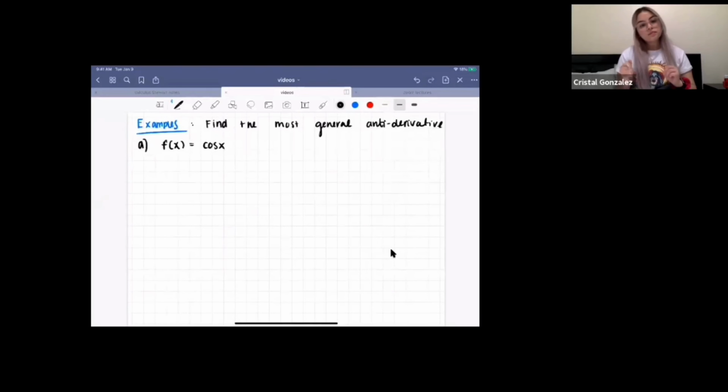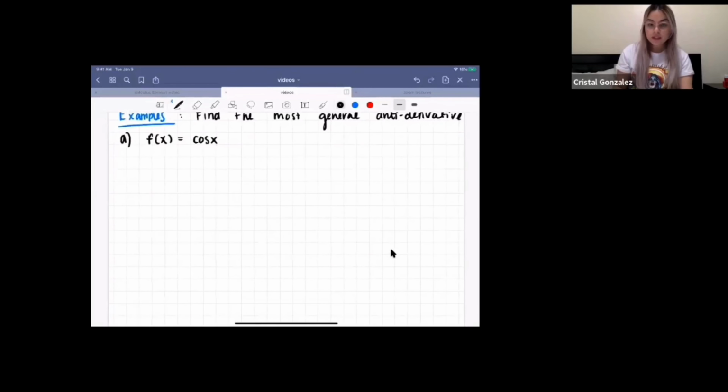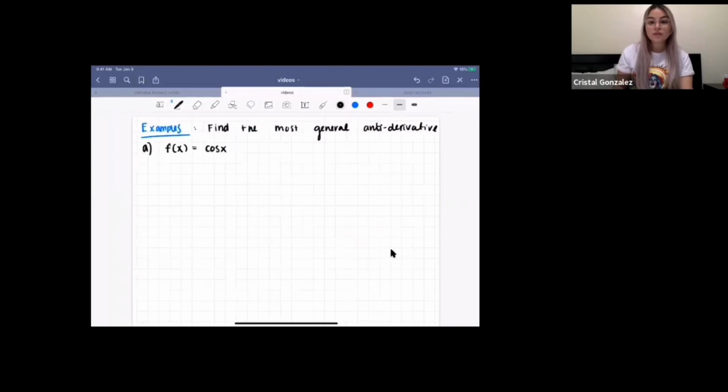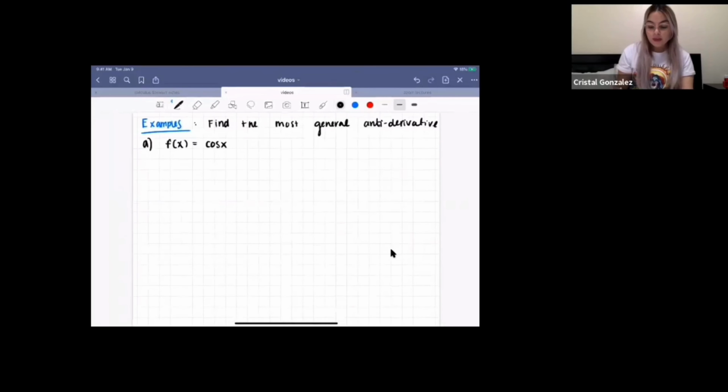So remember that when we were discussing antiderivatives in part 1, I said an antiderivative is really just the opposite of a derivative. So if you take the derivative of the antiderivative, you should get back the original function. And when we denote antiderivatives, we denote it with a capital F of x for this section.